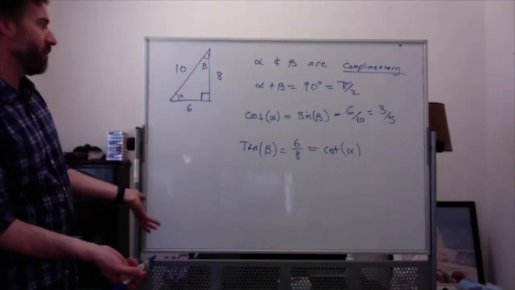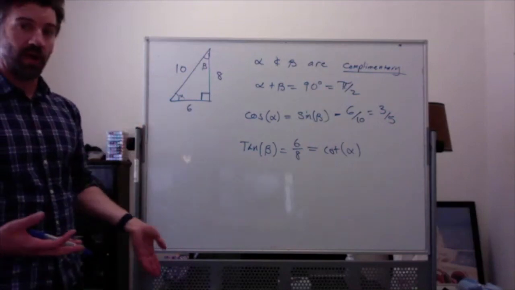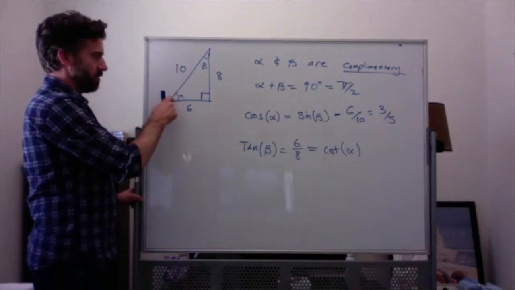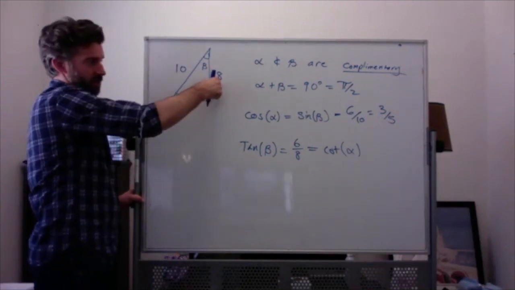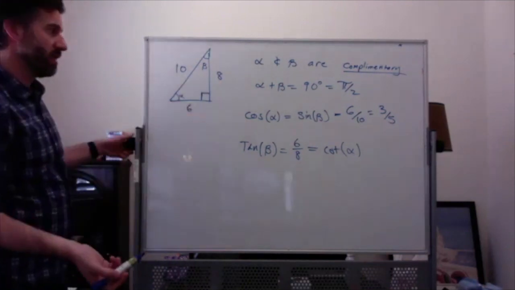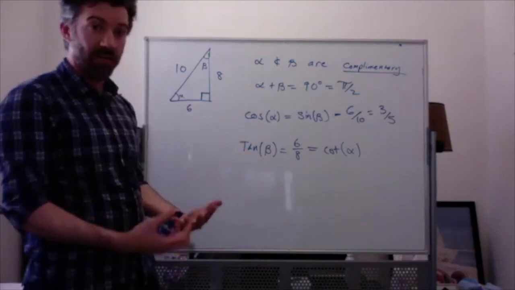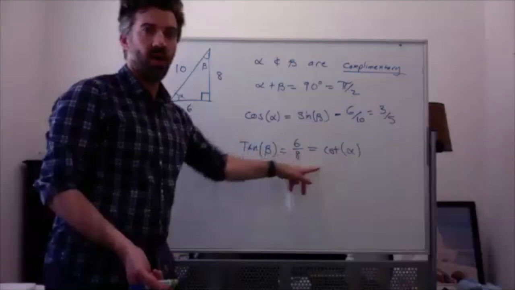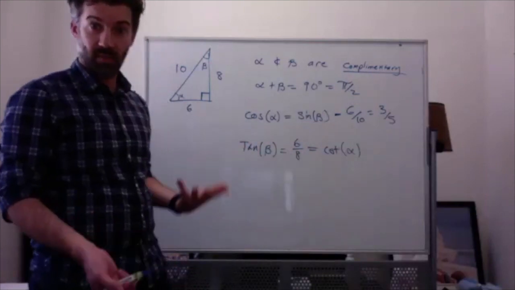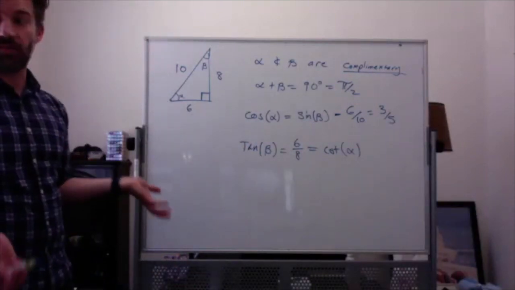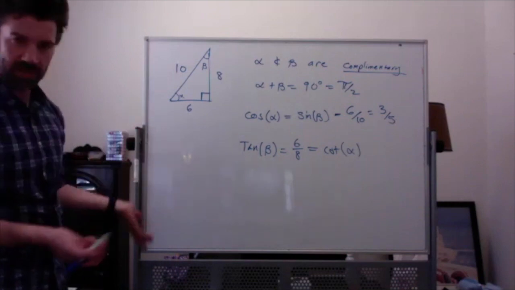You can see that by knowing that cotangent is adjacent over opposite, so cotangent of alpha is 6 over 8. Or you can see it by knowing that cotangent is the cofunction of tangent. So it's always cofunctions that have this property. Cofunctions of complementary angles are always equal to each other.